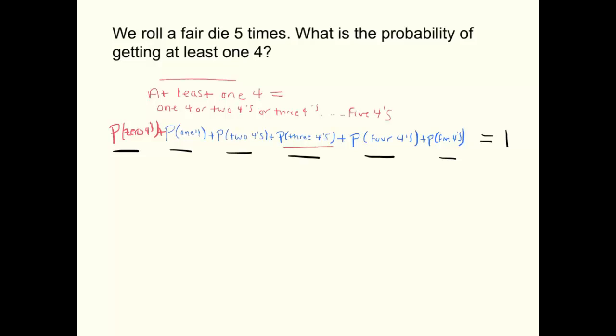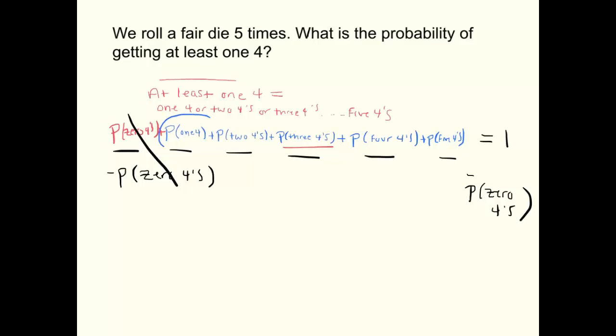Now, since we want only what's here in blue, what we can do is just a little subtraction of that probability of 0 fours, and you'll see that what we have is exactly what we want.